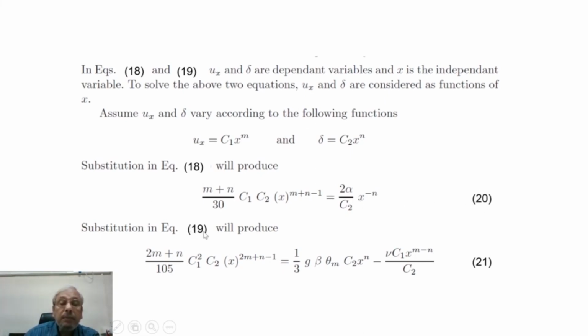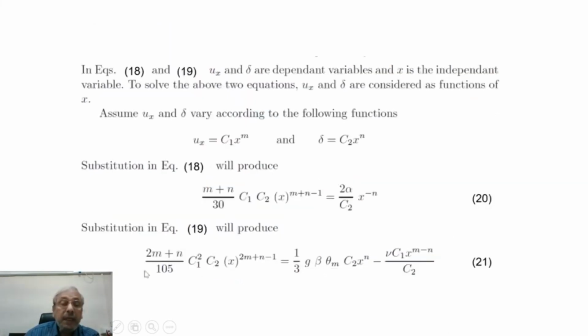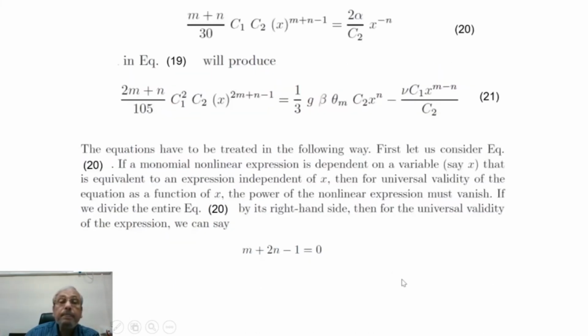And from the equation which is the outcome of the momentum equation, we get twice (m plus n) divided by 105 c1 squared c2 x to the power (twice m plus n minus 1) equal to 1/3 g beta theta m c2 x to the power n minus nu c1 x to the power m minus n by c2. We are calling this equation 21.